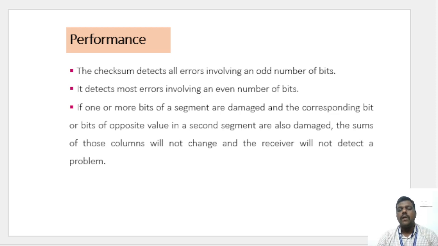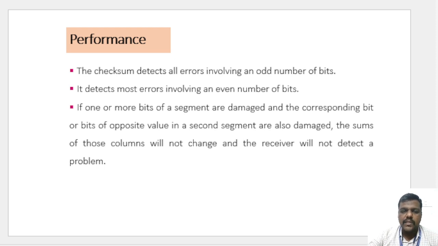Say for example, the first segment is 0 0, and we change it to 1 1. In the second segment we have a value of 1 1, and if it is changed to 0 0, we don't get any change in the sum being calculated.